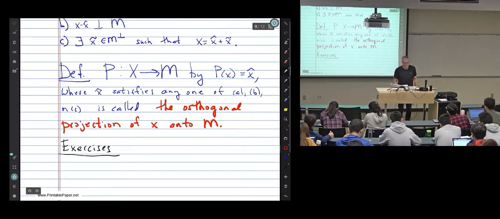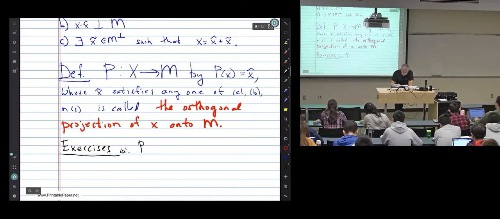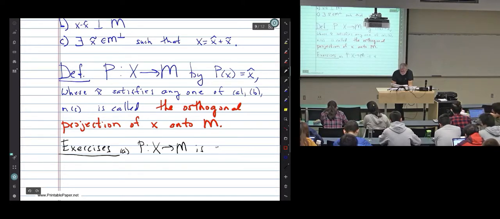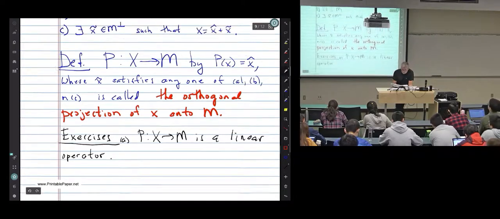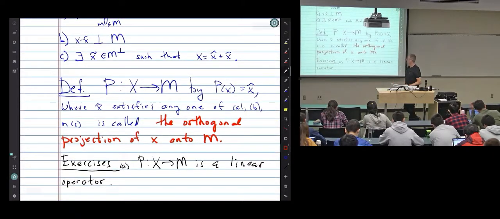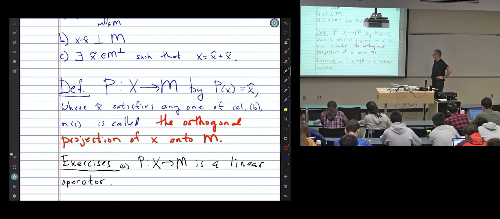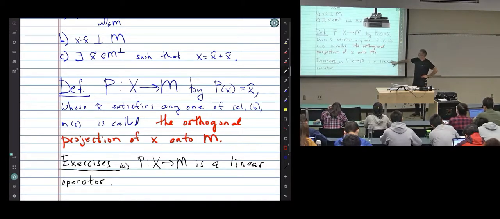Two exercises for you. A. P takes X to M is a linear operator. Okay, this is an amazing property.